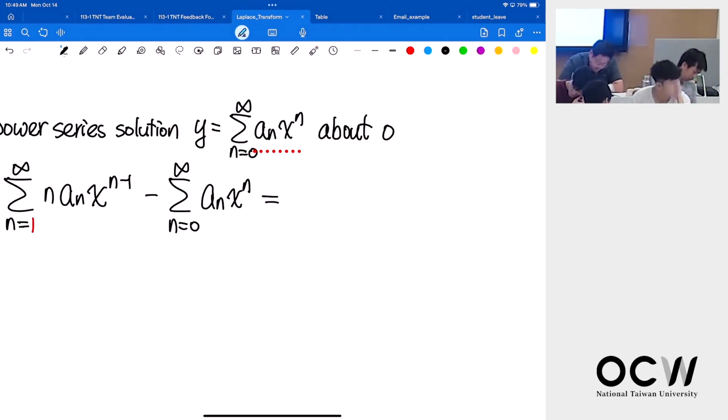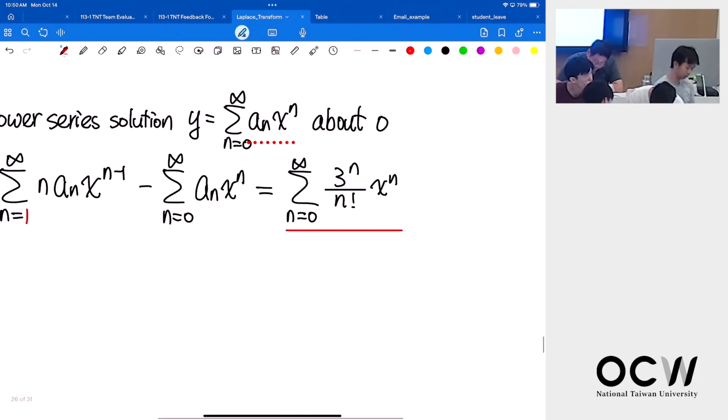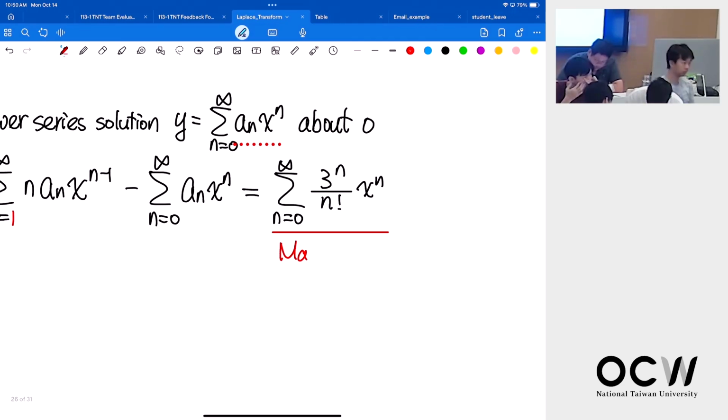So here that's 3 to the n divided by n factorial x to the n from 0 to infinity. This is also called the Maclaurin expansion of e to the 3x.